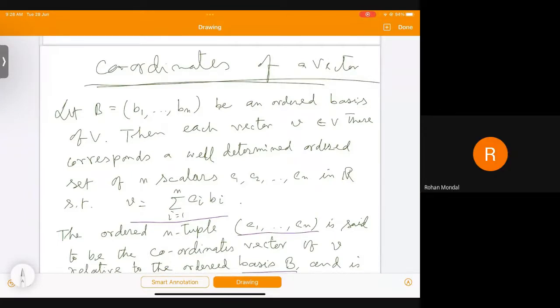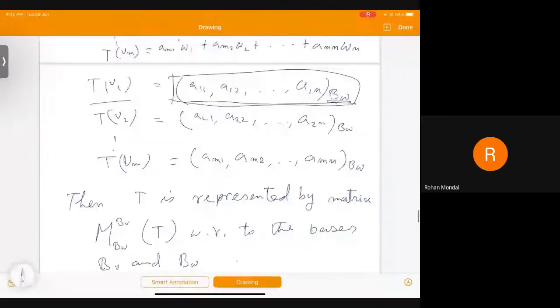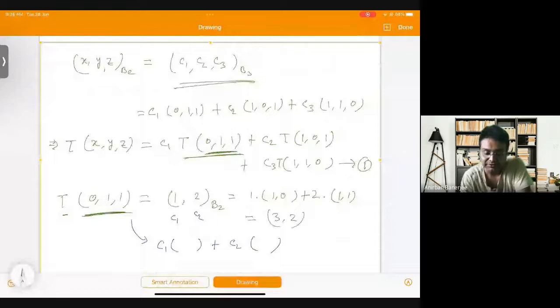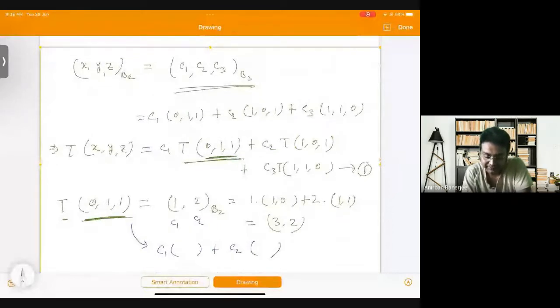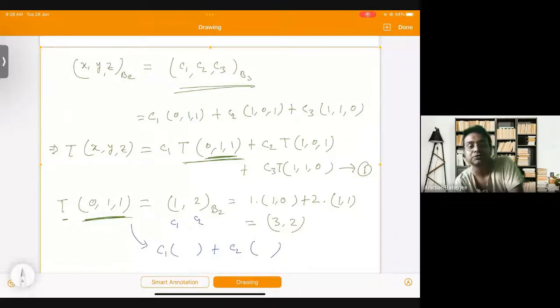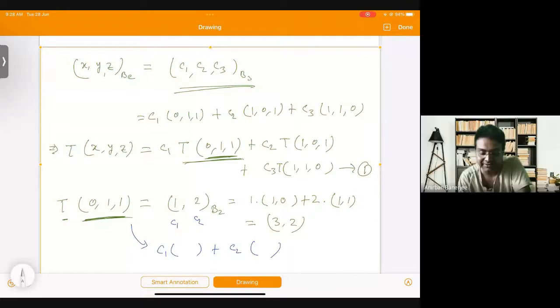So 1 comma 2, that vector is with respect to the B2 coordinate system. You got the point that 1 comma 2 is with respect to the B2 basis. And we want to get the coordinates with respect to the standard coordinate system. Is it fine? Yes, sir.